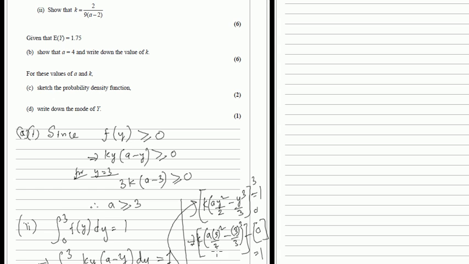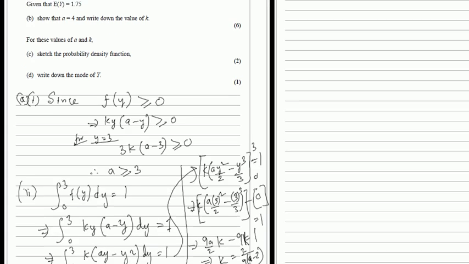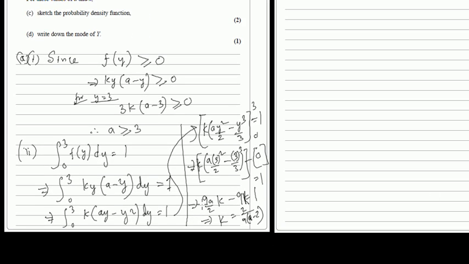That means 3 squared is 9, so 9a/2 times k minus 27/3 is 9, and this equals 1. So this is going to be k(9a/2 − 9) equals 1, which is 2/(9a − 18), so k equals 2/(9(a − 2)). That is shown.